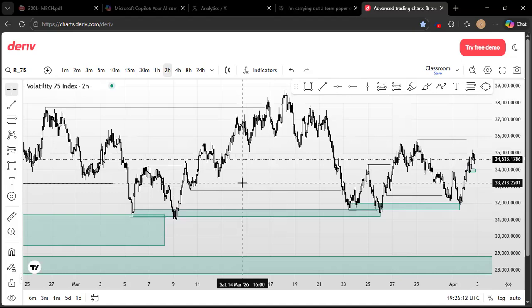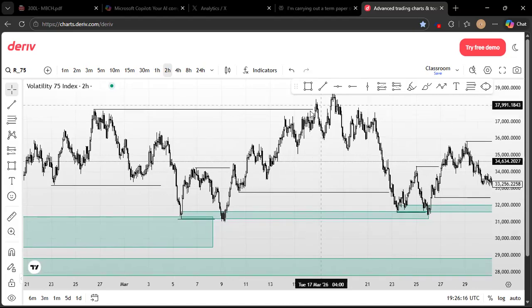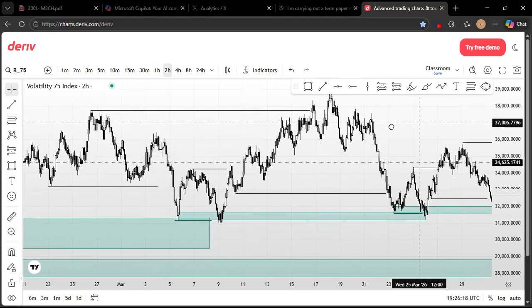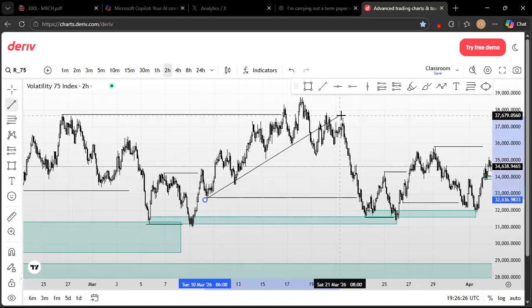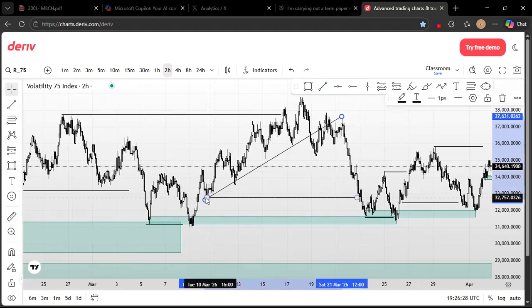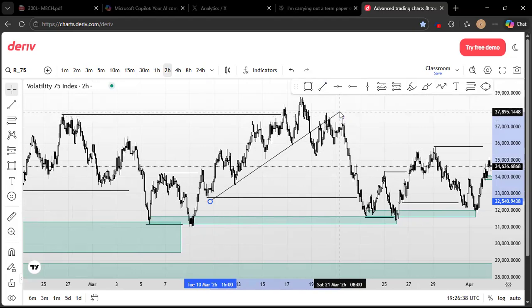It is coming back down to take you out, because we didn't have this major break of structure yet. After a major break of structure, remember there is usually liquidity for you to come and grab. Look at all these trend line liquidities, together with the inducement liquidity you have here.